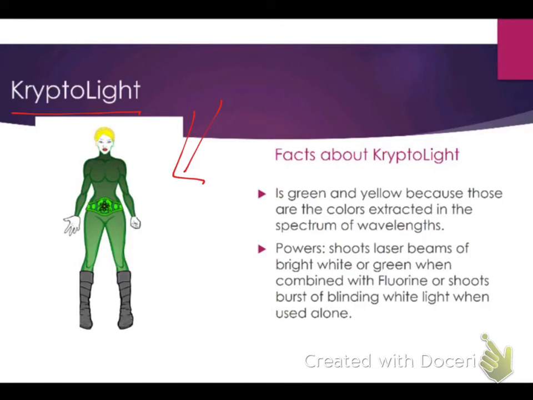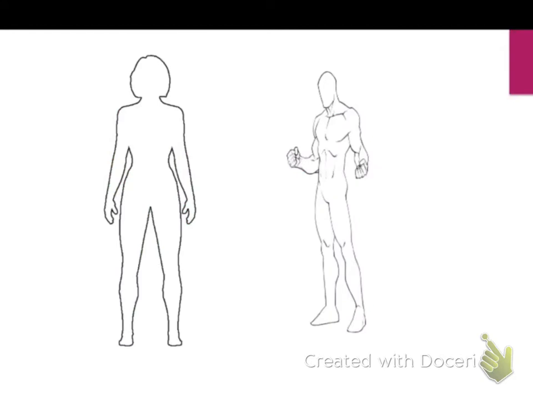With fluorine, it's like laser beams of green and white light, but without fluorine, it's just a blinding white light flash, okay? So those are her superpowers. If you use the outlines, you would put those in that picture back there.